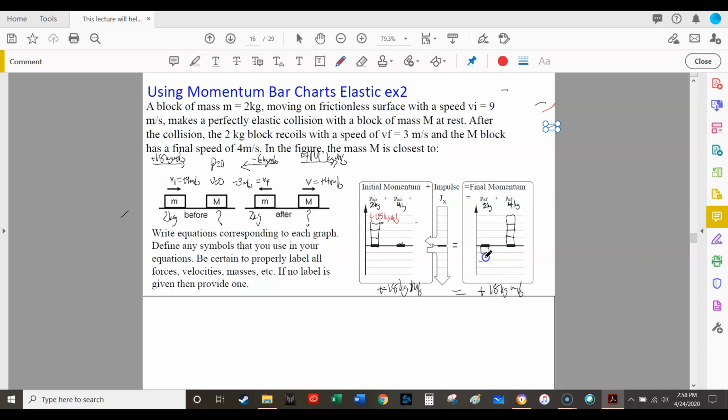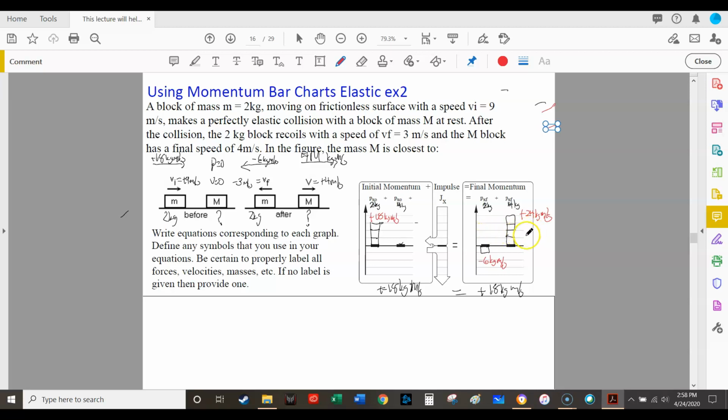Well, if this is -6 kilogram meters per second, and I know this is going to be 4 kilogram meters per second, and this total has to be 18, then this has to be a positive 24 kilogram meters per second to make up for that, right?